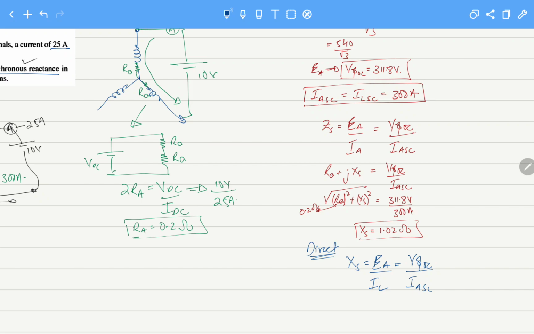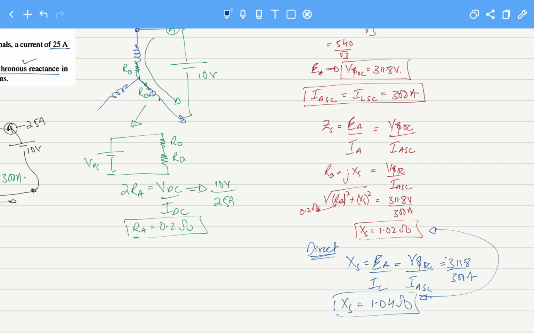Let's see if this formula works also. 311.8 divided by 300, and we can see that XS is 1.04 ohms. There is a very small difference between both methods, because the value of armature resistance is usually very low.